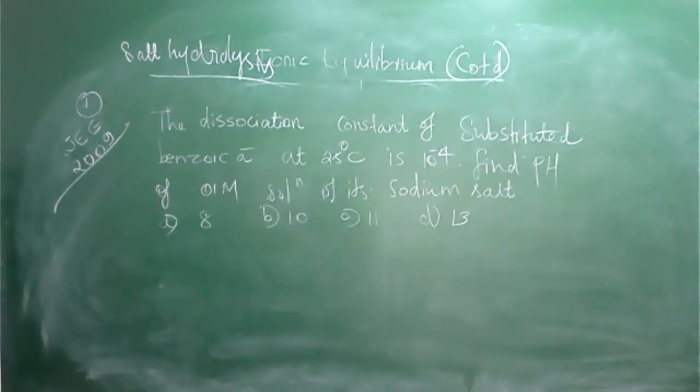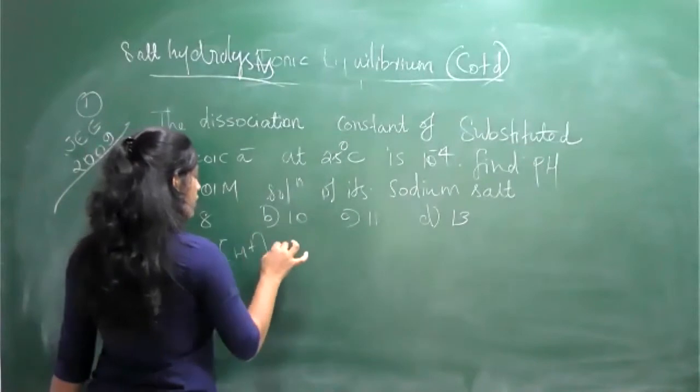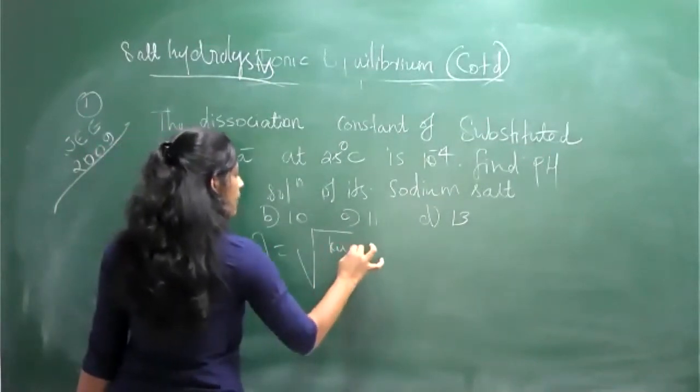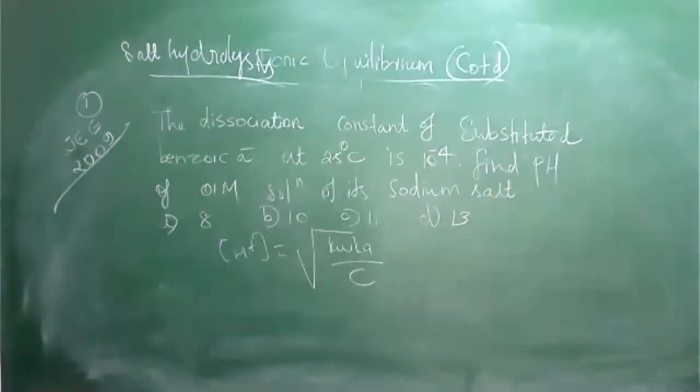Then you will get the problem. Otherwise, still confused. So, for a weak acid the formula is H plus ion concentration equals root of Kw Ka upon C. Find it. Tell me the answer.